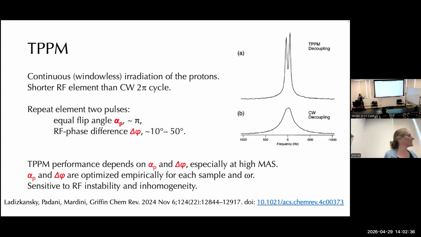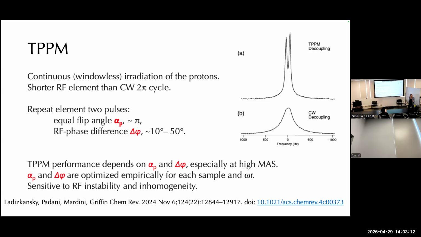One of the things I thought I had in the slide deck and I didn't see it, and I just want to say it, it's a little bit out of order. When we were sure that CW was not the best sequence, one of the tells was that it just gets better so slowly with increasing power. But also, if you're doing CW decoupling, you should be aware that even up to pretty high powers, even up to like 9 kilohertz, exactly where your transmitter is can be quite a big deal.